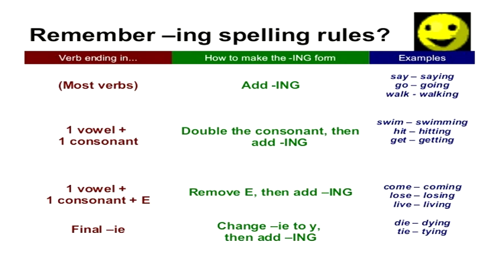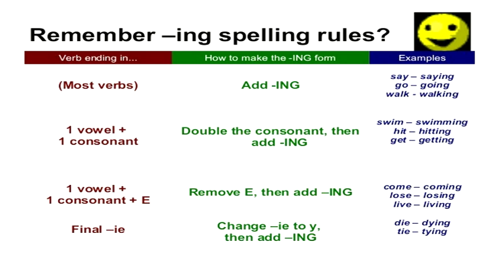Then when you have one vowel, one consonant plus E as the last letter, then we remove E and then add ing like come. COME. So we have E, the vowel is O, then consonant M and then E is there. So when we'll add ing, E will be removed.